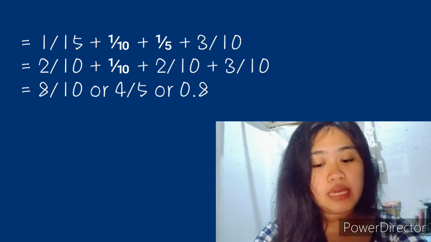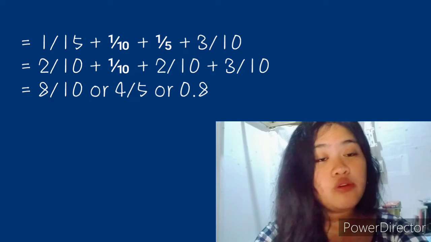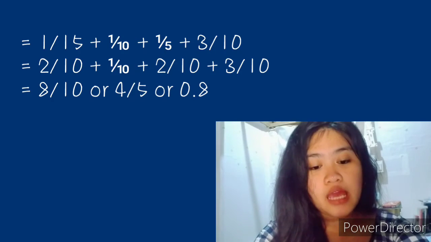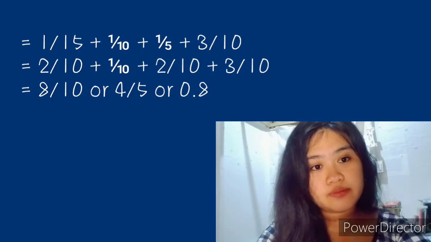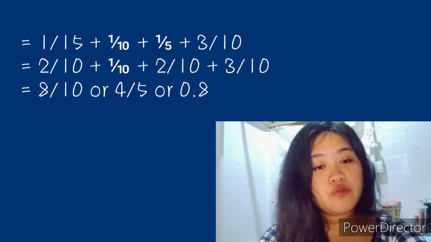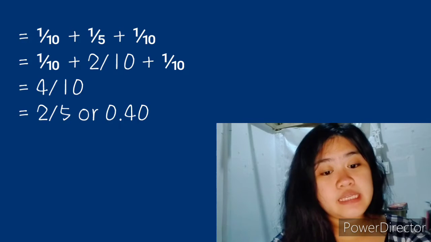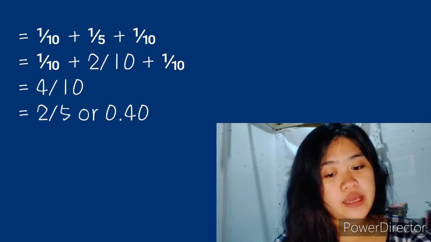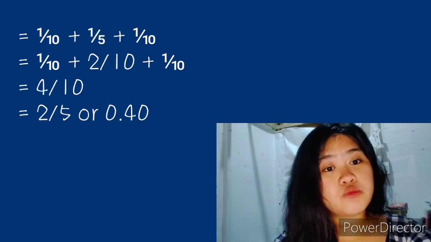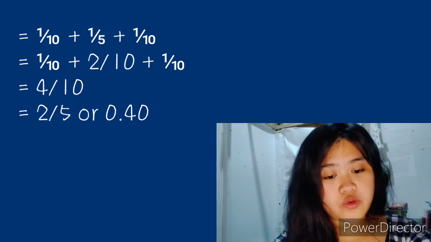We can simplify it into 4 over 5, and we can simplify it again into a decimal, which is 0.8. And that is our answer for question letter B. So for question letter C, the probability that at most 40 boxes will be delivered in a particular day means P(X ≤ 40).